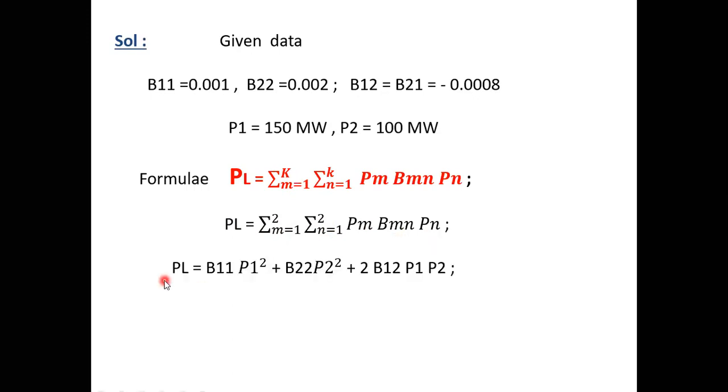Then we will get PL is equal to B11 P1 square plus B22 P2 square plus 2 into B12 P1 P2. So if you observe the PL expression, we know each and everything. We know B11, similarly P1, we know B22, P2 value, B12 value, and P1 P2 are also known from the given data.